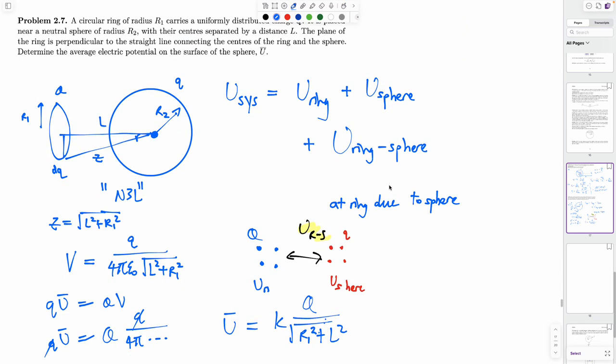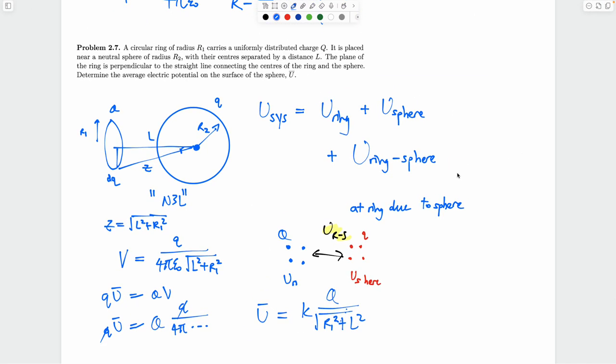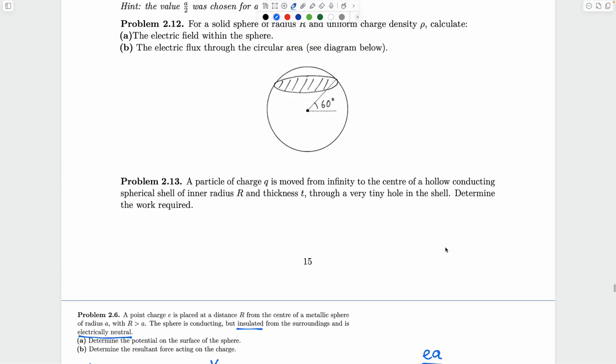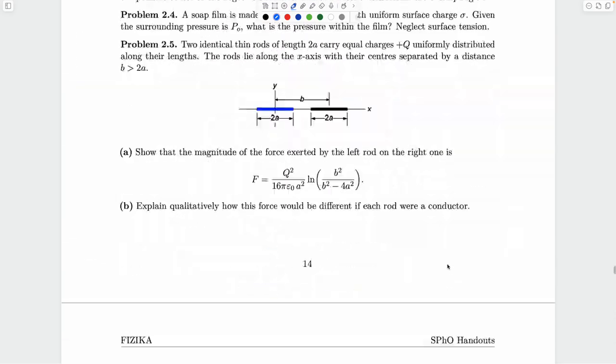Is everyone clear with this problem? It's quite ingenious, the solution. Okay, I will assume that you guys are all okay with it.